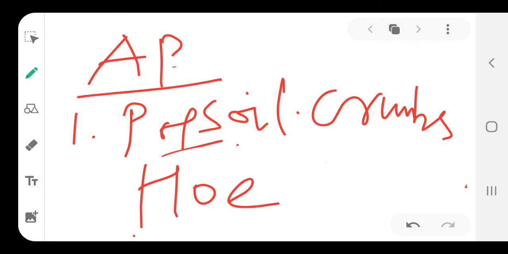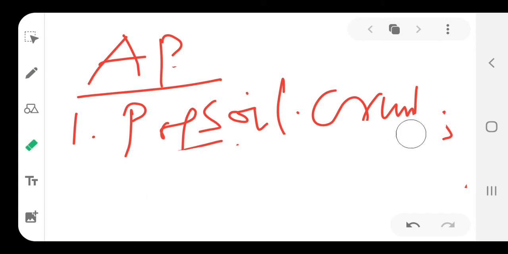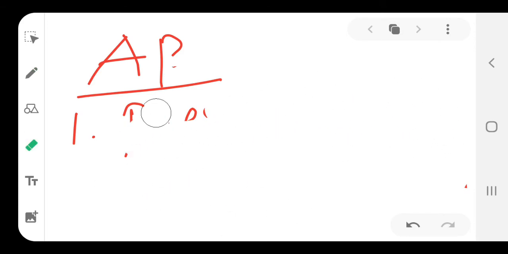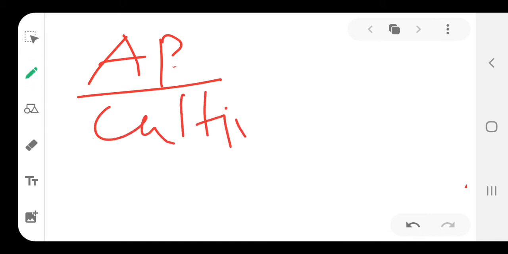So please draw this diagram by looking at it, and make sure you learn them also. Then in modern time, we use the machine for plowing and tilling. So that is the cultivator heading, and cultivator nowadays has become a basic implement for agriculture.